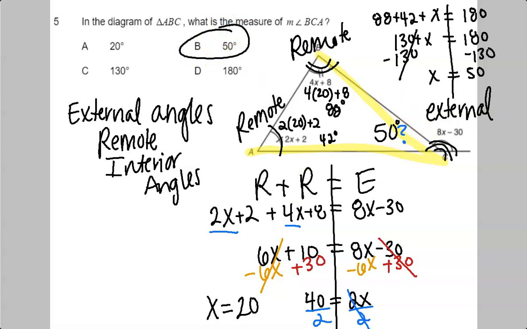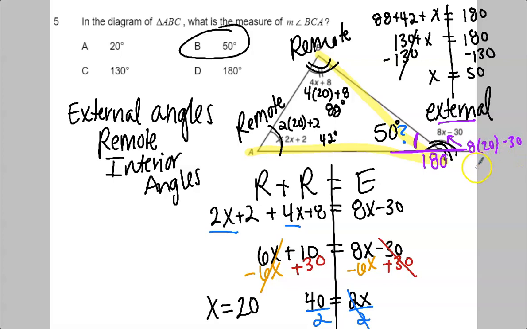Another way some students like to do this is they see that this angle that we're trying to solve for and this angle on the outside, they form a straight line, and a straight line is also 180 degrees. So they could have said, once we substituted for x right here for 20, 8 times 20 minus 30.